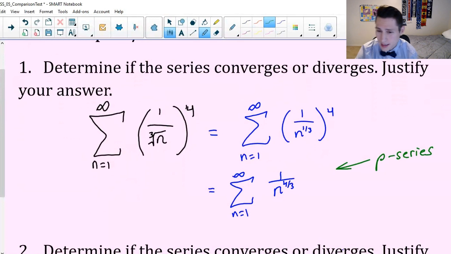So we should be able to recognize that this is a P series, right? 1 over n to the something. And the actual value of that P, that exponent, is 4/3.